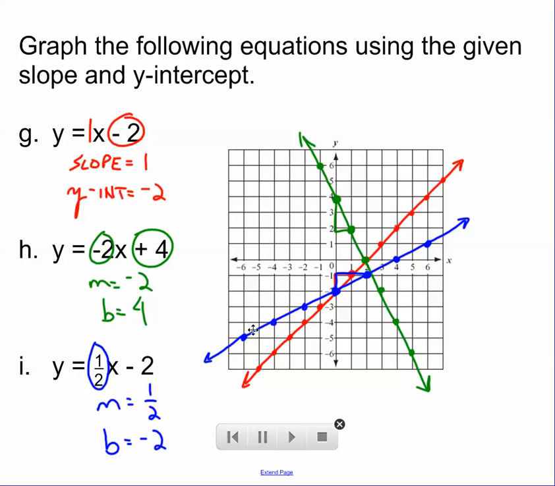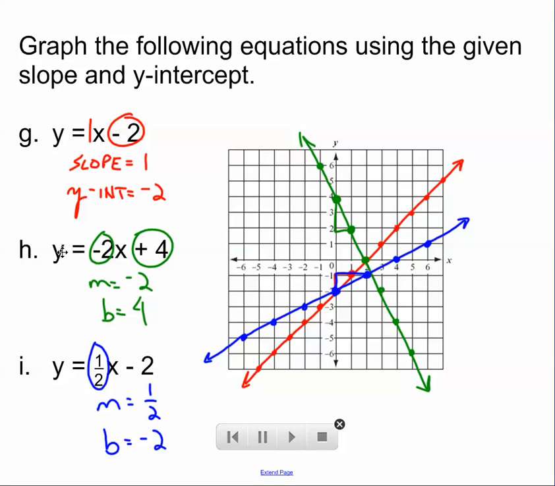So negative 6, negative 5. Half of negative 6 is negative 3, and negative 3 minus 2 is negative 5. One more time, 6, 1. Half of 6 is 3, and 3 minus 2 is 1. So every point that's on this line, including in between the points we plotted, will solve this equation, or make this equation a true statement.